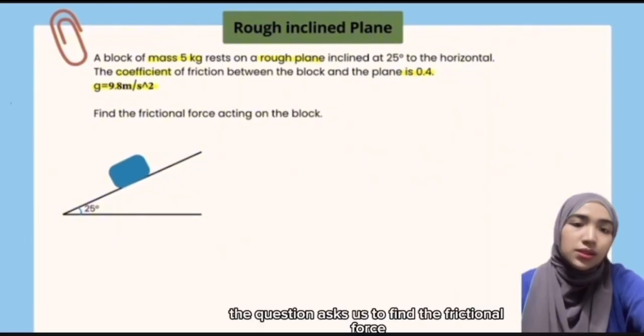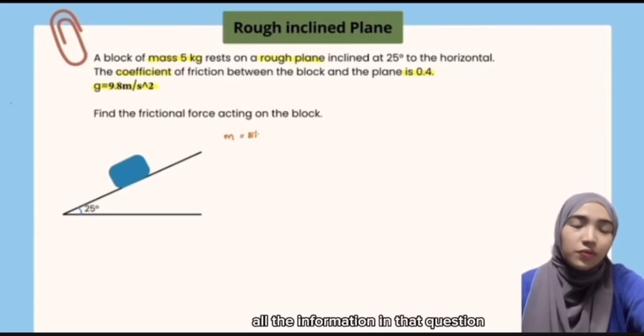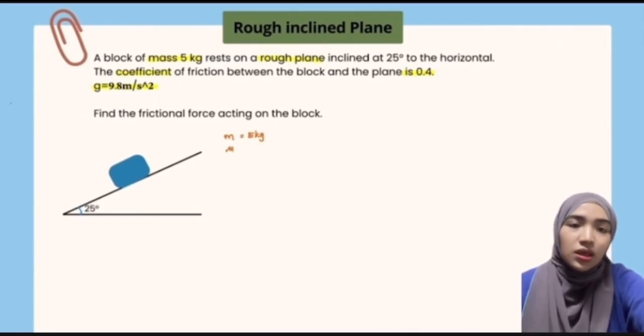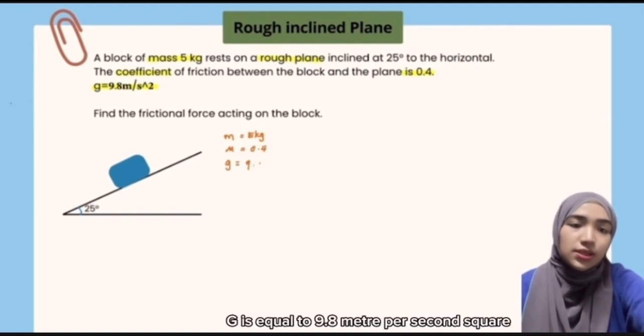The question asks us to find the frictional force acting on the block. First, we list down all the information: m equals 5 kg, coefficient of friction equals 0.4, g equals 9.8 meter per second squared.